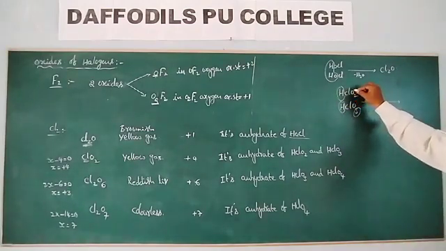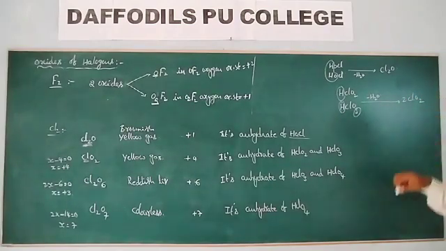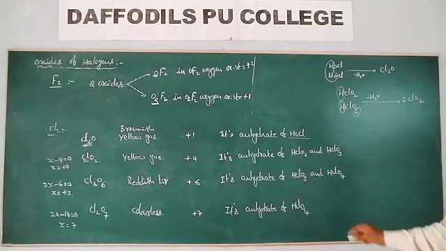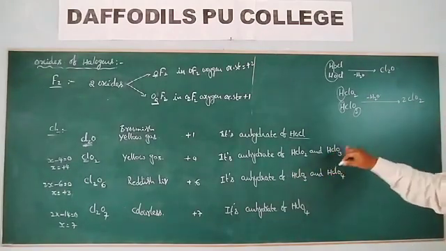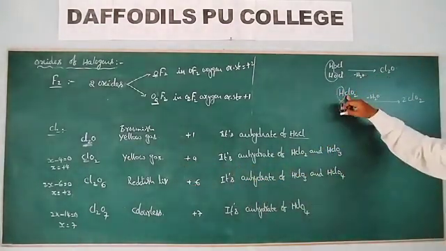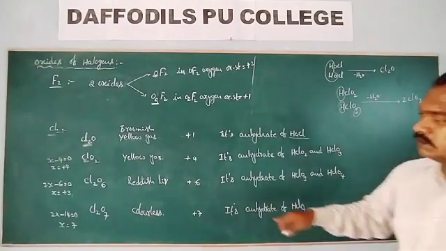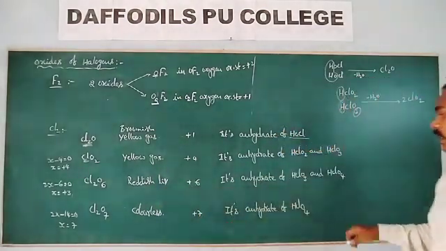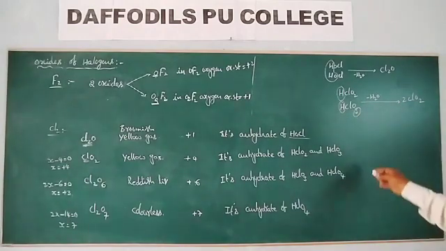You will get 2 times Cl2O2. So this is the anhydride of HClO2 and HClO3. Next, Cl2O6 is the anhydride of HClO3 and HClO4.